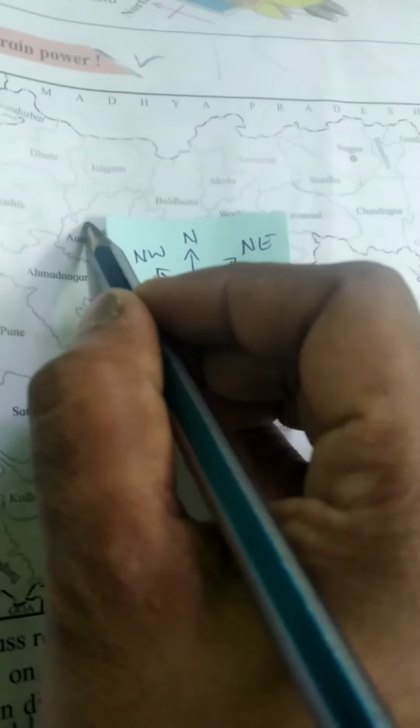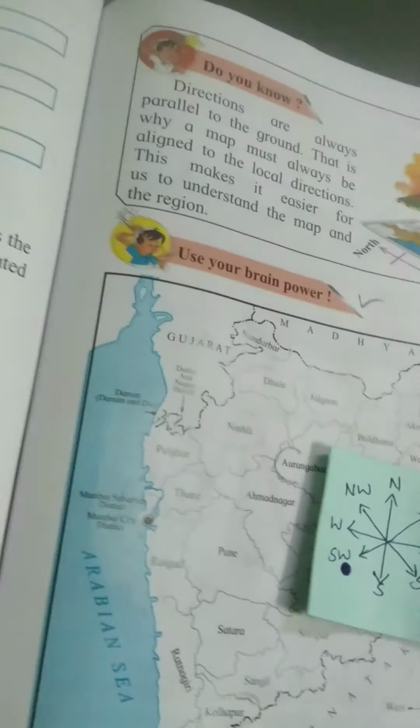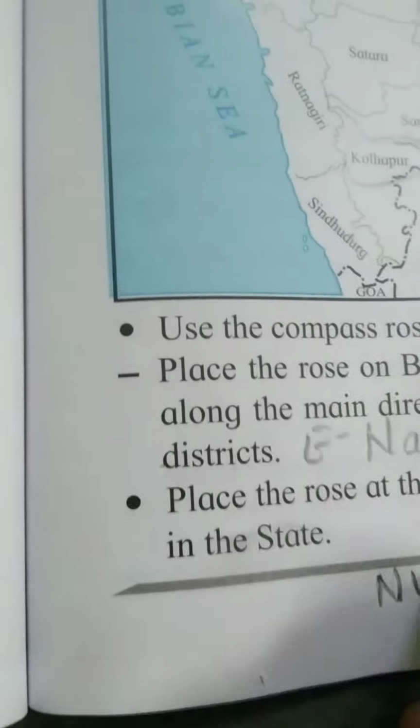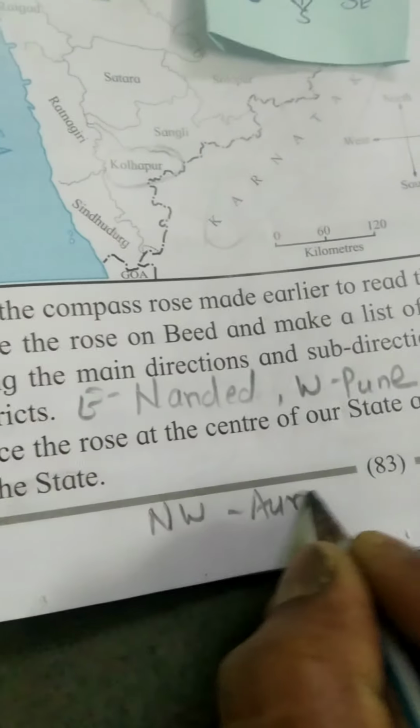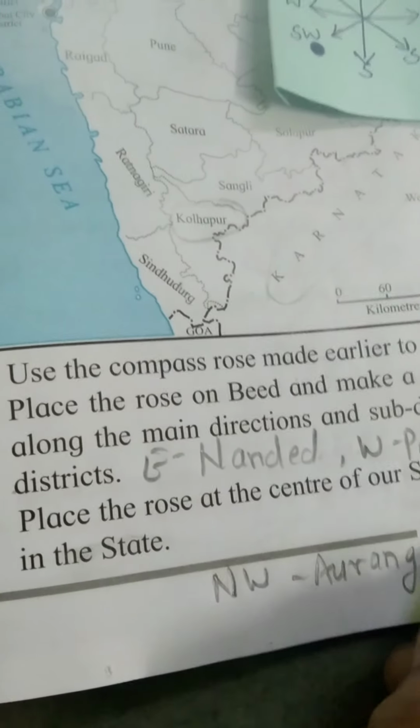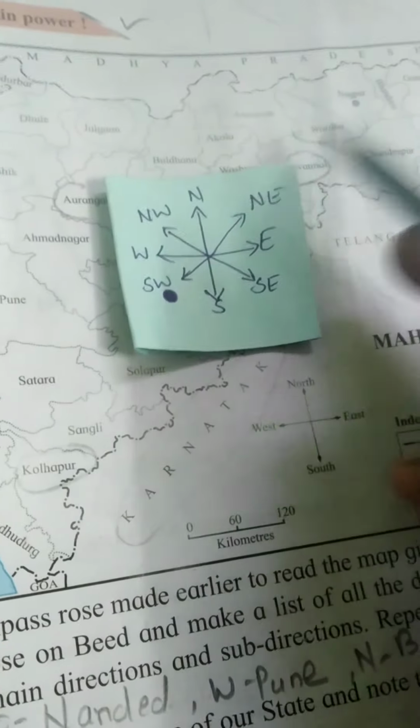Then towards the northeast or northwest, we will take northwest. We can write Aurangabad also. Here Aurangabad is there. So northwest, Aurangabad. Next is northeast. We can take Yavatmal.